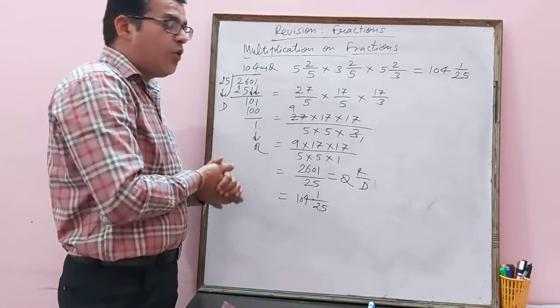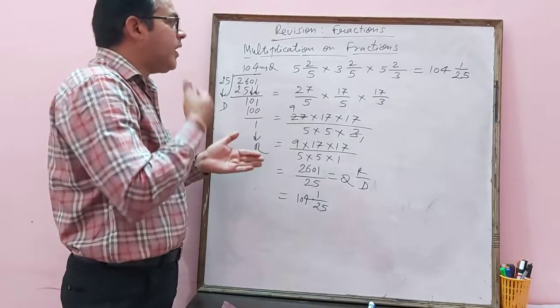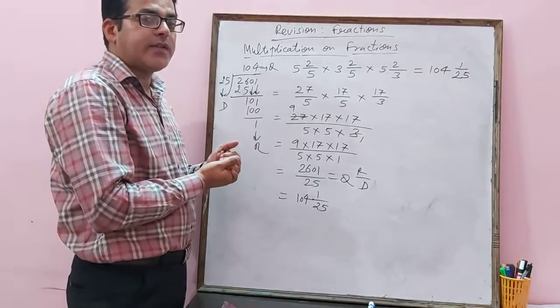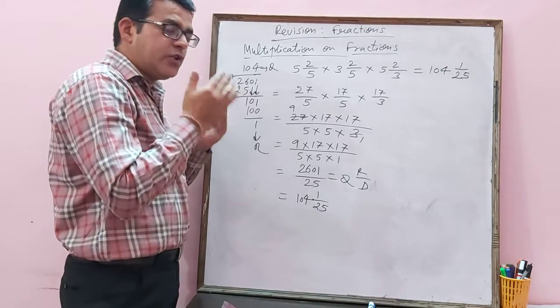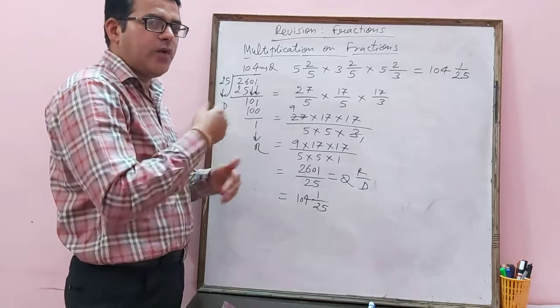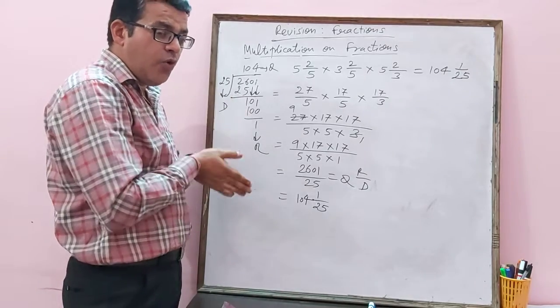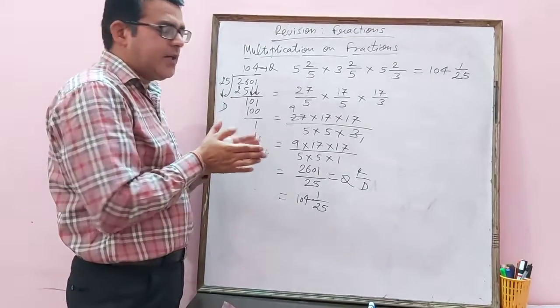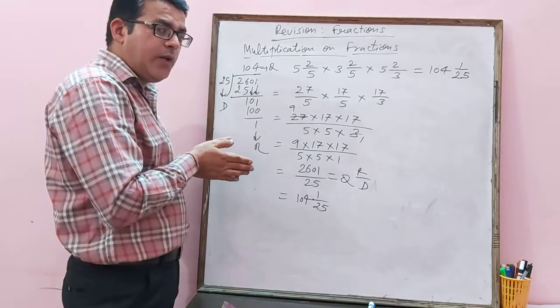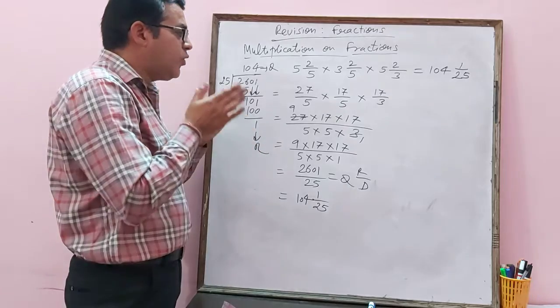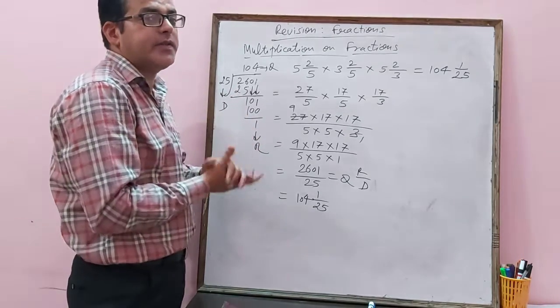So guys, hope you understand now how we can multiply fractions. It does not matter how many fractions we are multiplying together. If you know how to multiply, you can multiply them. Once again, I am reminding you, no need to take LCM while you are multiplying fractions, and no need to make denominators the same.